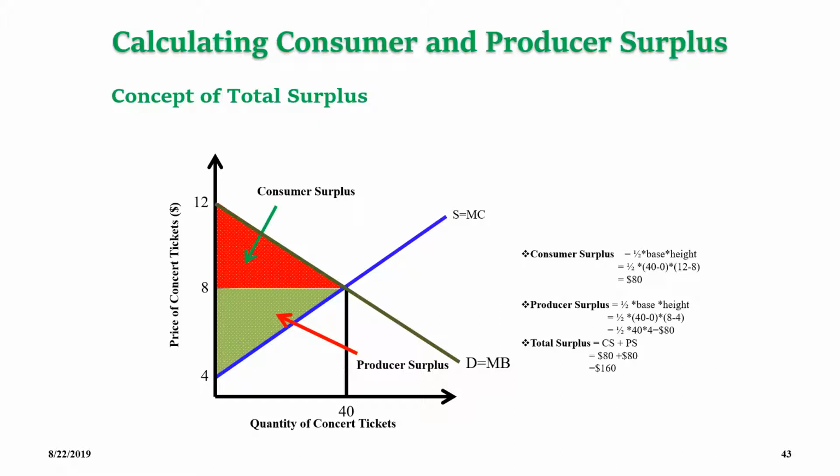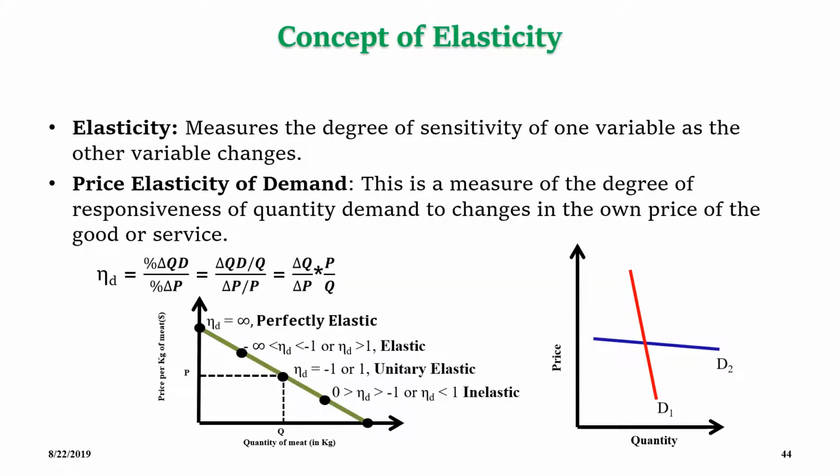Now the producer surplus, you have 40 minus 0, times 8 minus that, which is also 80. Consumer surplus plus producer surplus, 80 plus 80 equals 160. So consumer surplus is 80, producer surplus is 80, and the answer is 160. Good.